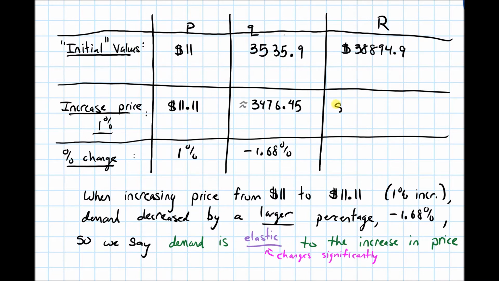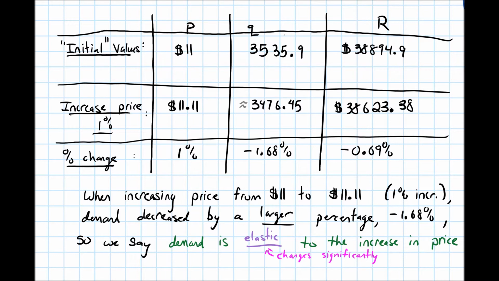So that did go down. And the percentage change in revenue, if we were to work it out just like we did in the table above, will end up being negative 0.69%. Okay, so we did confirm in this table that the revenue does go down. But we were able to predict that change in revenue pretty well using these percent changes in price and demand and thinking about which one changes more.